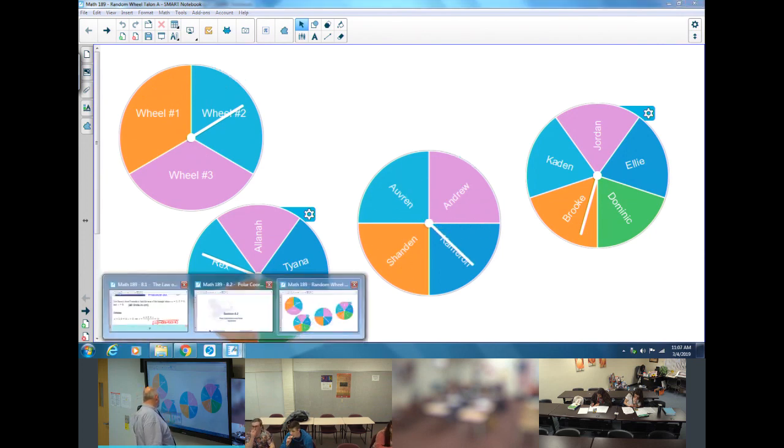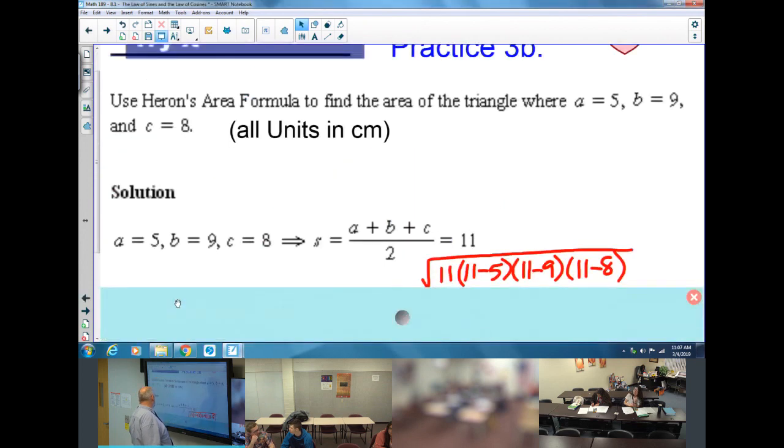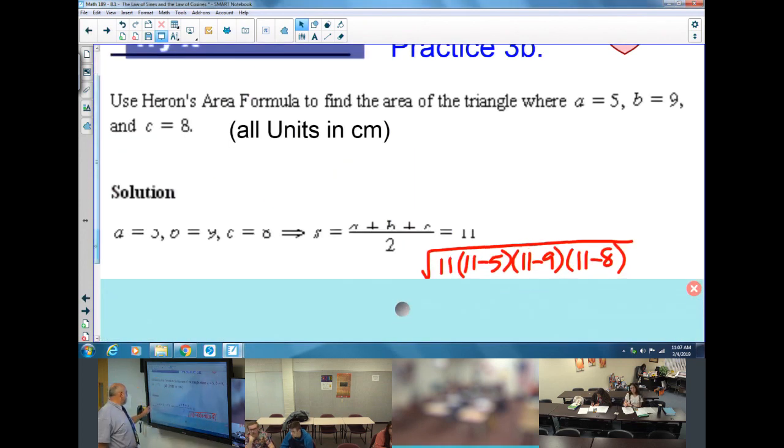All right, so Cameron, what'd you get? 6 square root of 11.